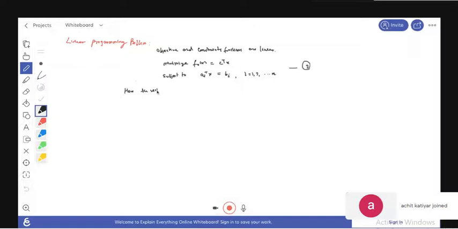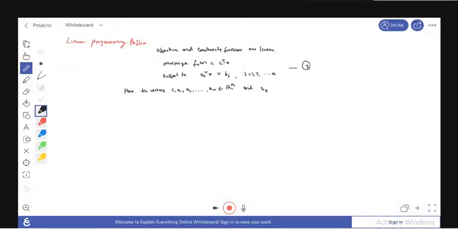The vectors c, a1, a2 and so on all belong to Rn, and the scalars are b1, b2 up to bm, which are scalar ones. These are the parameters of the problem that define the objective and constraint functions.